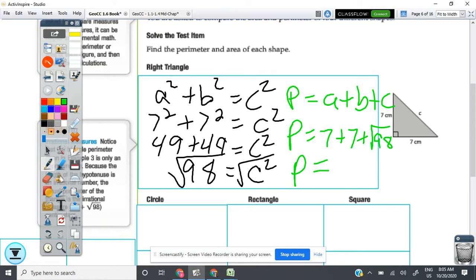Square root of 98, I know it's a little bit below 10 because 10 times 10 is 100. So I have to get my calculator.